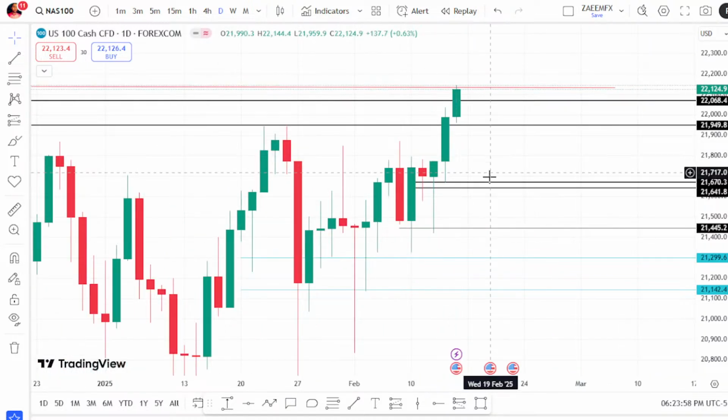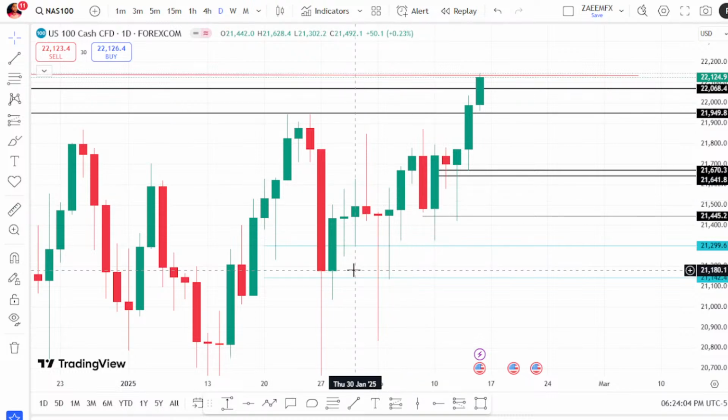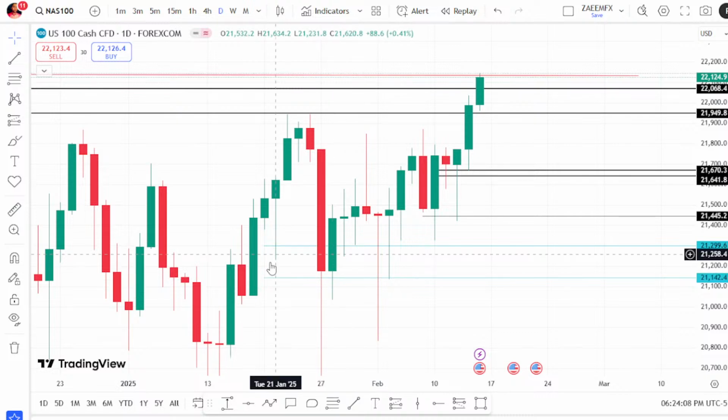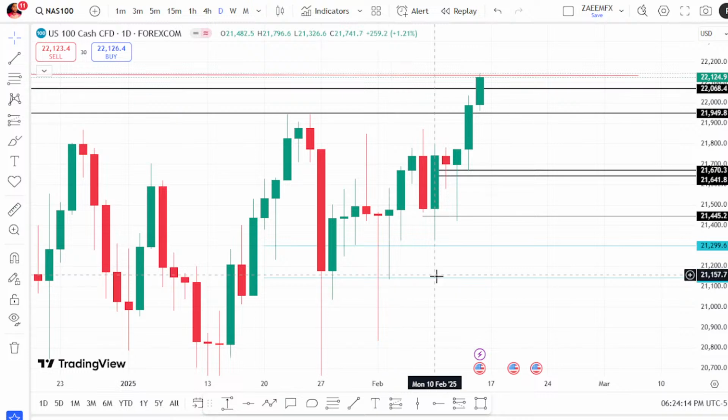So the first thing I saw on Monday, prior to Monday's open. Those are the two levels I was watching. Look at these two levels. I was watching those two levels for the market to hit them and react from them. As soon as Monday opened, it traded down.